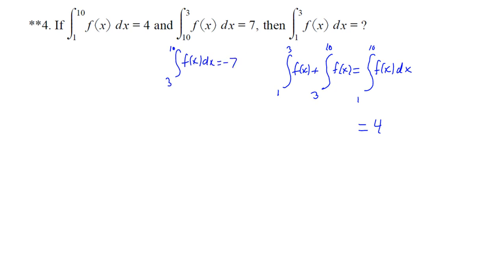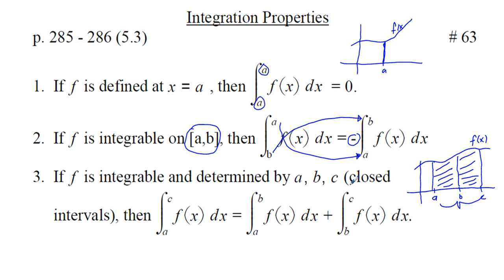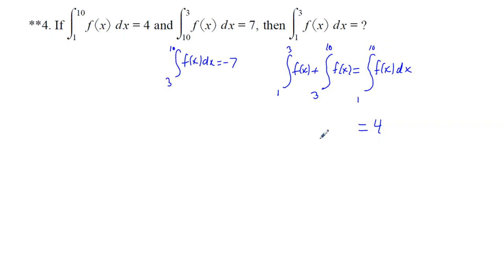For that we go right back here. Where do we see that? Yeah, right here, number 2. We're switching the limits. So this thing right here, we're going to say is negative 7.